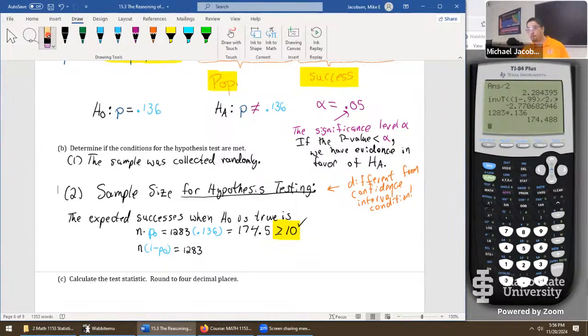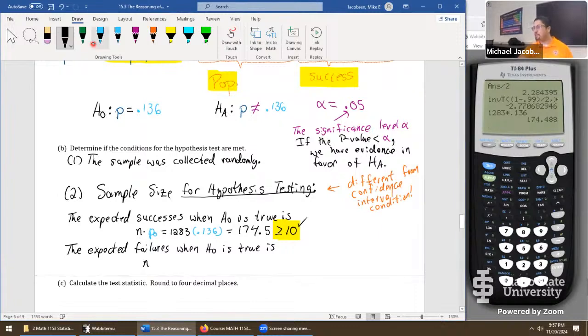Oh, sorry, I should say what we're about to calculate. I think I have enough space right here, but let me back off right here and just say what we're calculating on this one. The expected failures when H naught is true is, now we can get started, n times P naught equals 1283 for n.